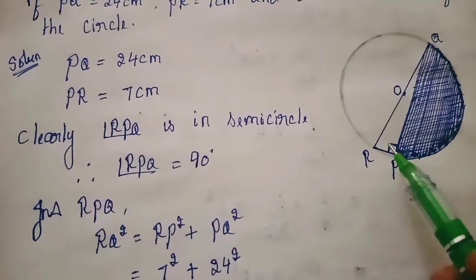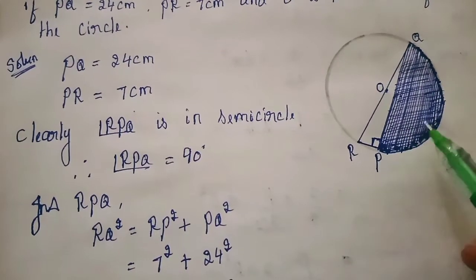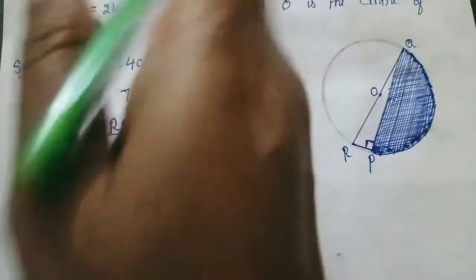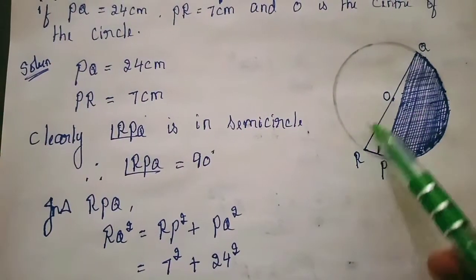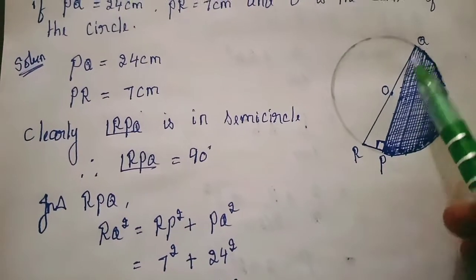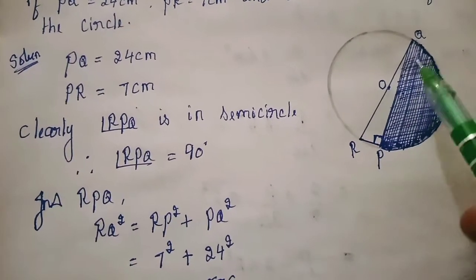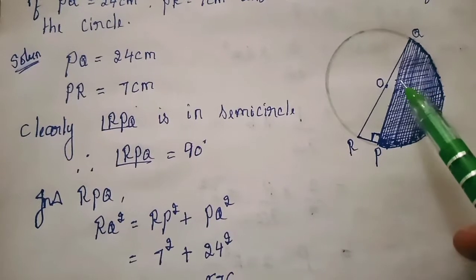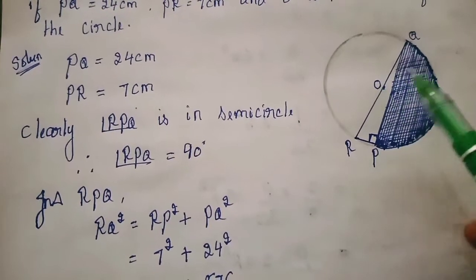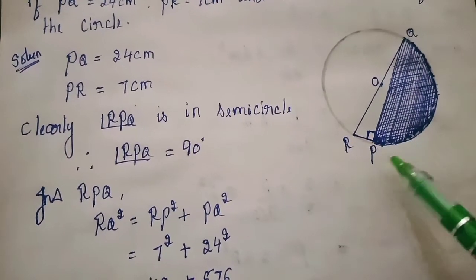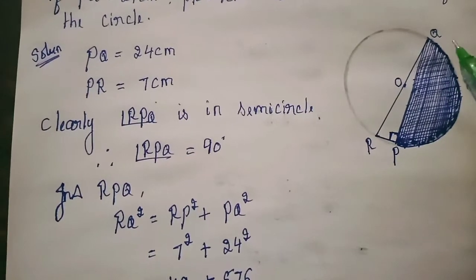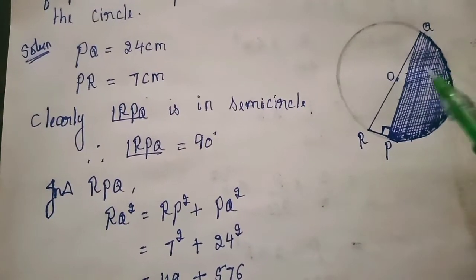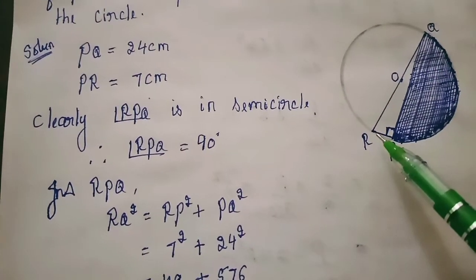This is compulsory. You can see the shaded portion. So this semicircle we can neglect. This white part semicircle is not required now. In this semicircle, to get the shaded part, I have to subtract a triangle. Means area of shaded region equals area of semicircle minus area of triangle.